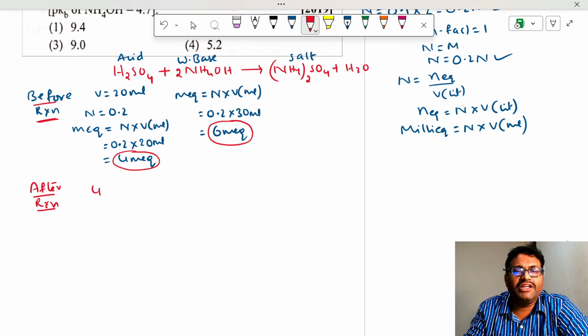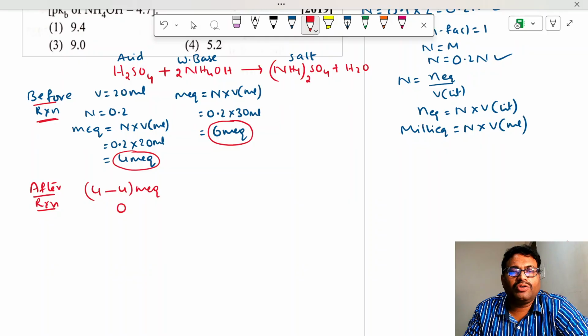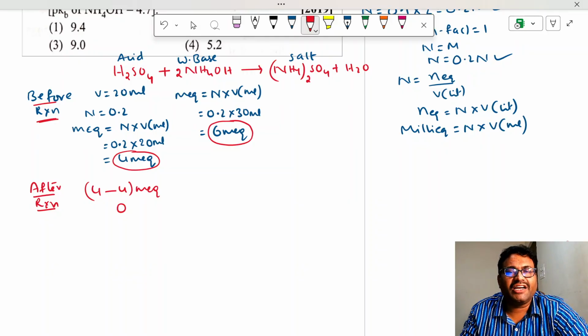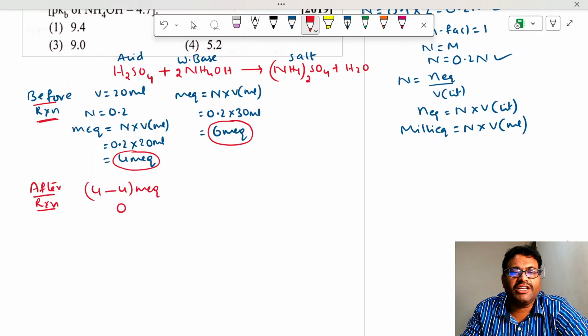These 4 milliequivalents react completely, so 4 minus 4, there will be no H2SO4 remaining in the reaction vessel. Among the 6 milliequivalents, 4 will react with the 4. How many remain? 2 milliequivalents will remain.